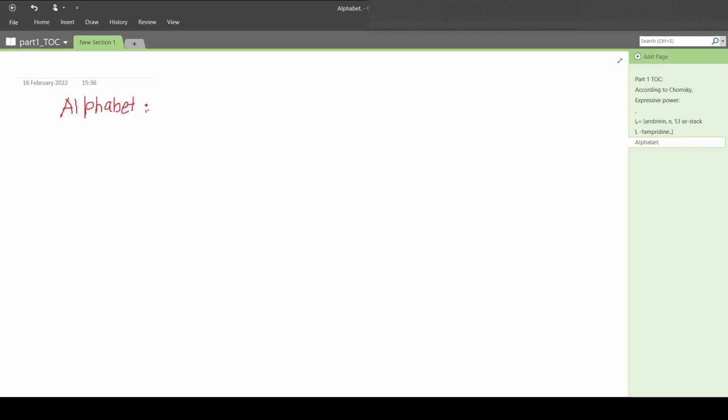It is a finite non-empty set of symbols. Very much important. It has to be finite and non-empty.